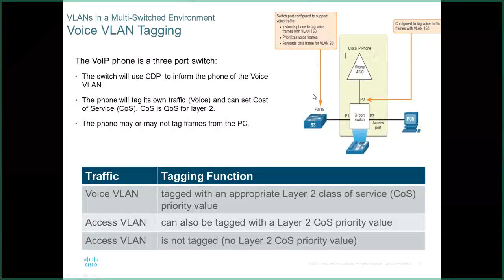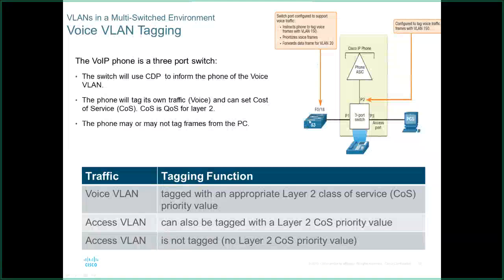And because our voice traffic has already been tagged, it'll behave as a member of VLAN 150 from this switch up. Now, because we're dealing with voice, we need quality of service as close to the source as we possibly can get it, so that we can give priority traffic for the voice.